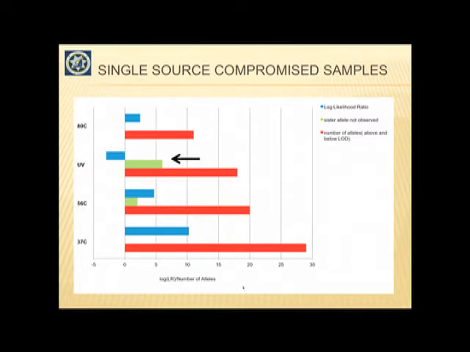But there is one exclusion to that, and that is the UV treated sample. The UV treated sample had a large number of genotypes where the sister allele was not observed. In other words, it was a false homozygote.